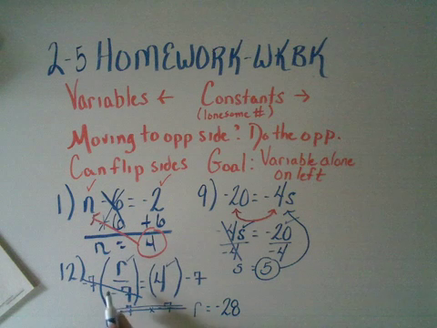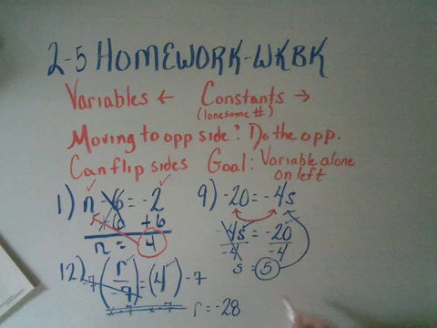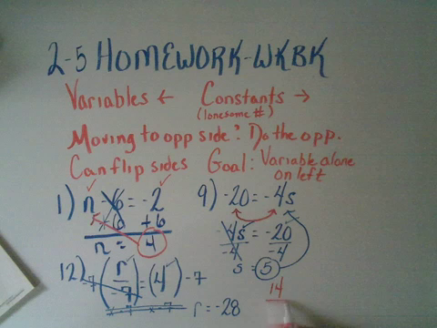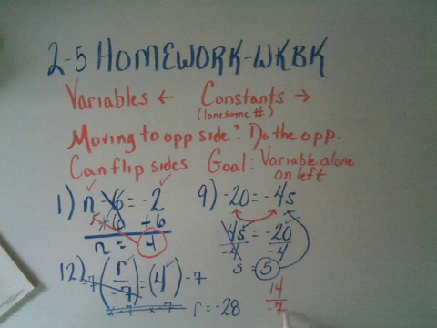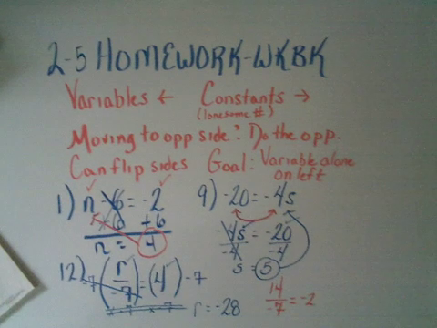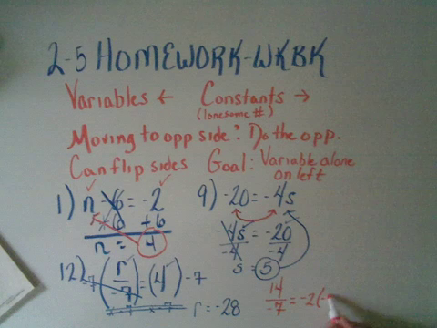If you're having a hard time seeing why these cancel each other out, give yourself a simple problem. Let's go with 14. Okay, if I take 14 and divide by negative 7, that's negative 2. And then what did I do? I said I multiplied by negative 7.